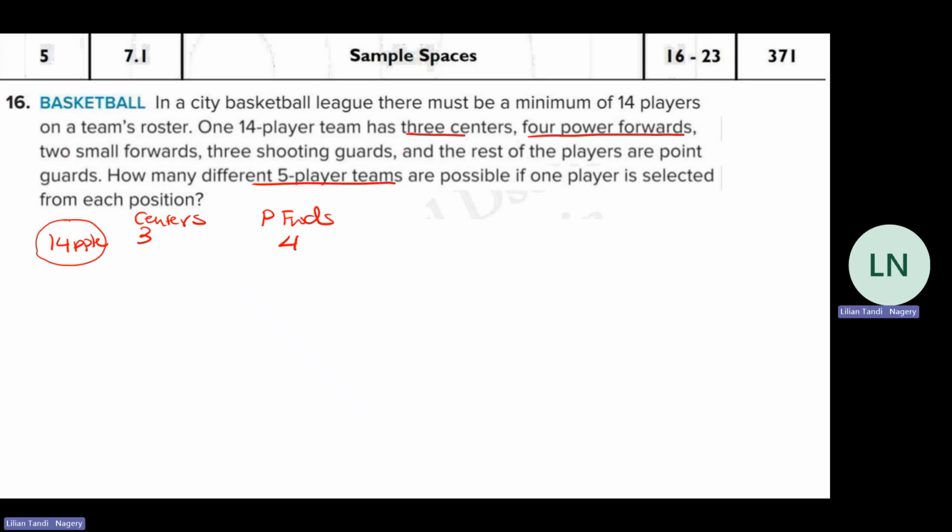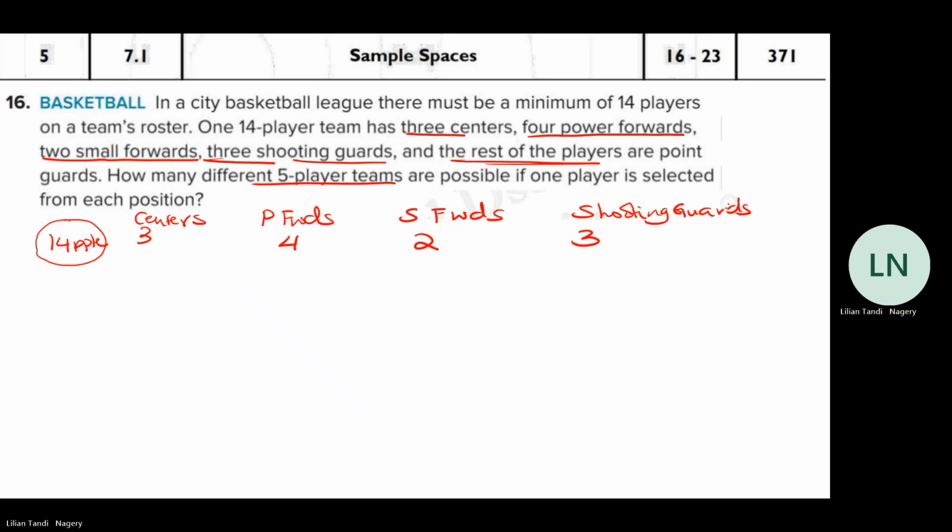Okay. And you have 2 small forwards. And you have 3 shooting guards. You have how many of them? 3. The rest are point guards.